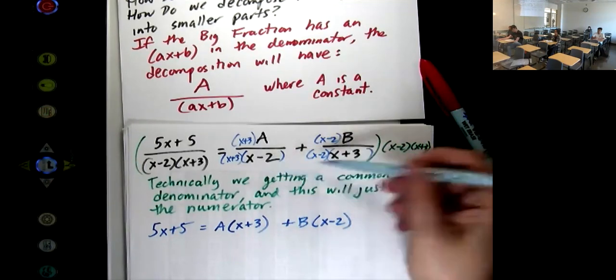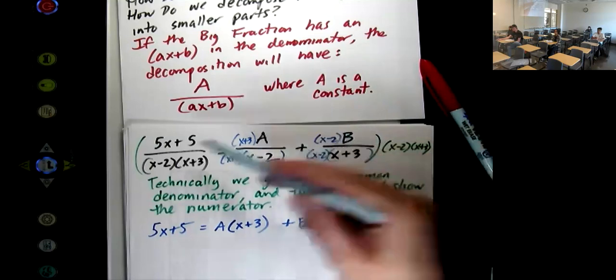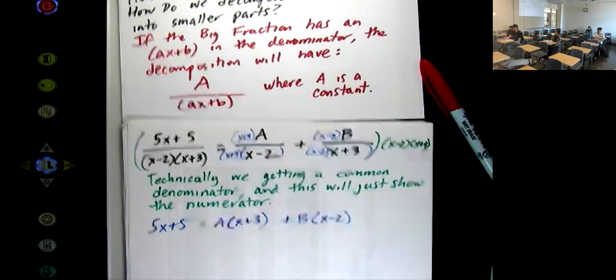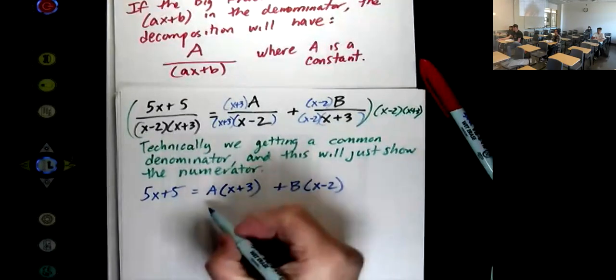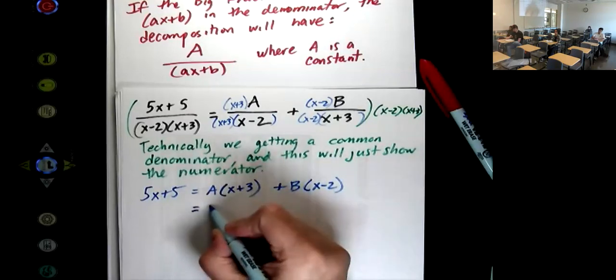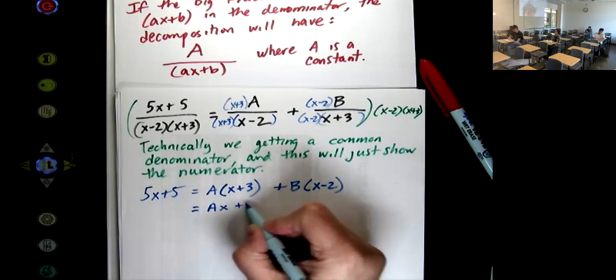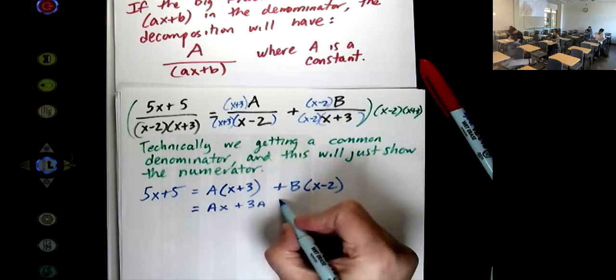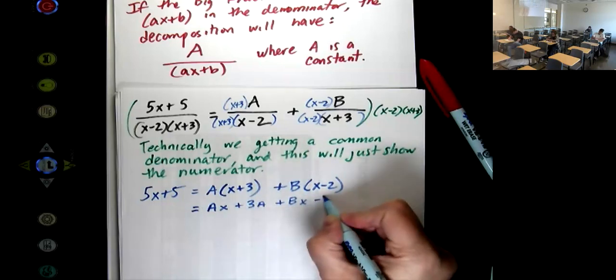But now we have something that goes together. These should go together and make the 5x plus 5. So the way you go about doing this is multiply this out. You got ax plus 3a plus bx minus 2b.